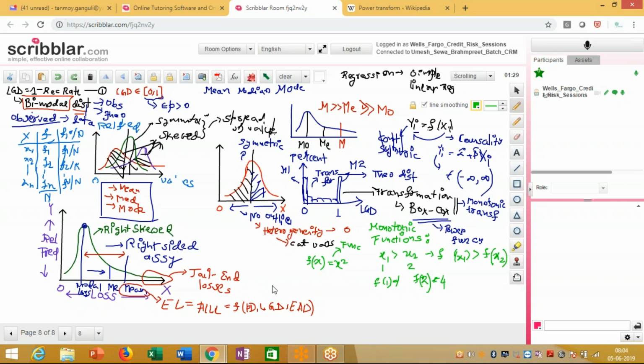Okay, so let's take a pause here today. Tomorrow we'll start off with power functions. I don't want to start power functions now because I'll not be able to complete them. So we'll start off with power functions on Friday.